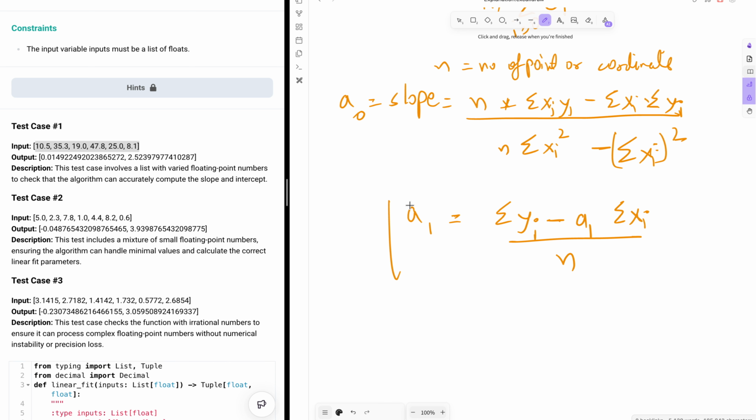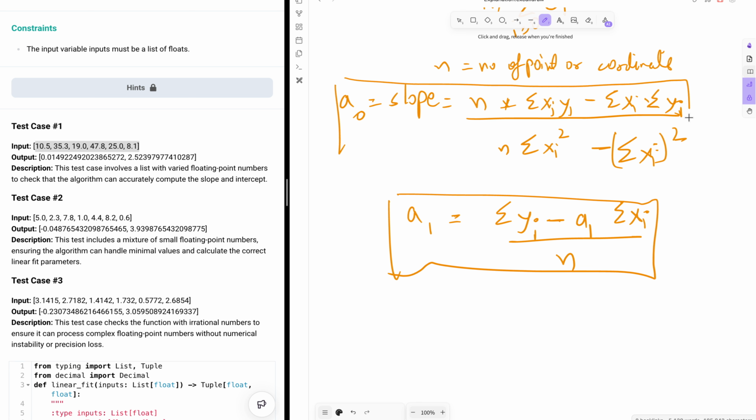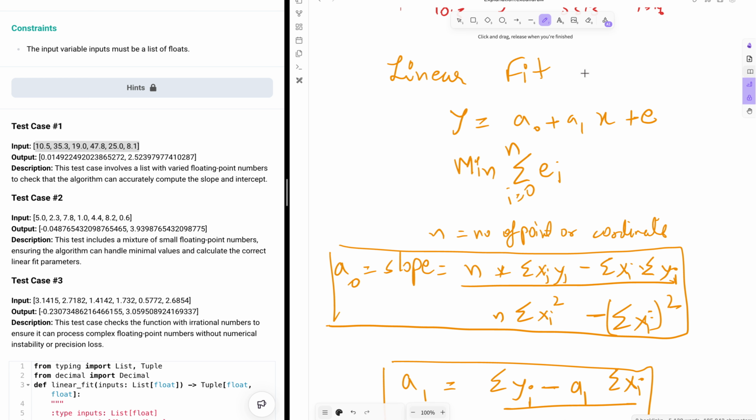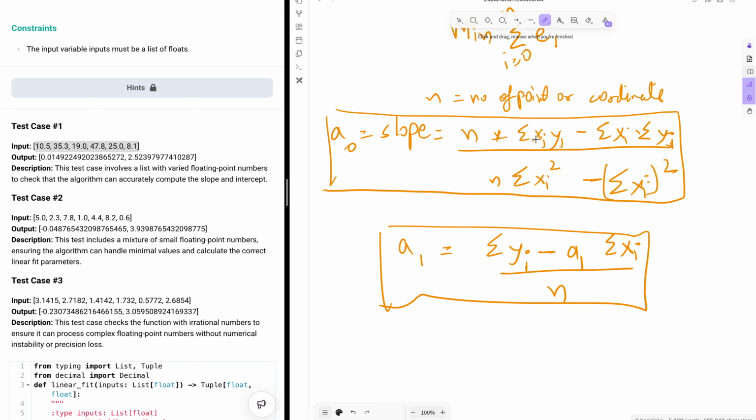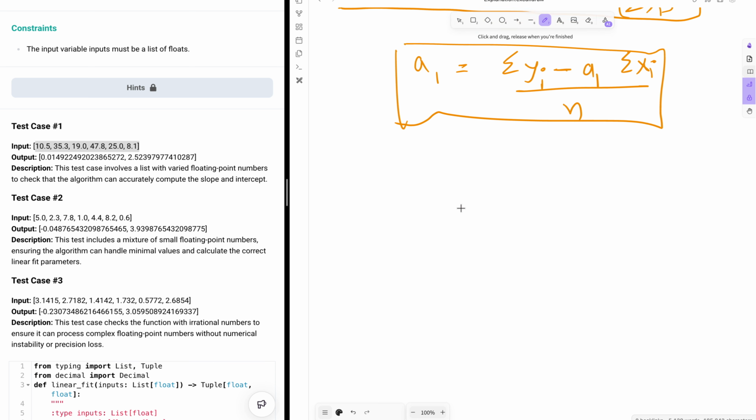So these are our formulas, and this would help us find the general linear fit, the straight line that we are going to pass through all these points such that our residual error is minimum.